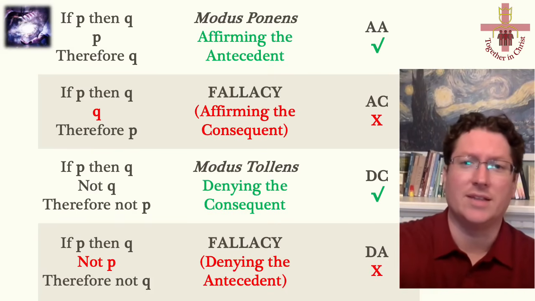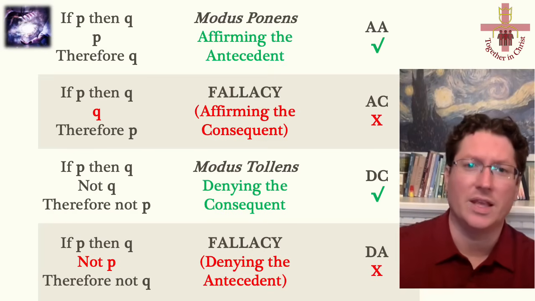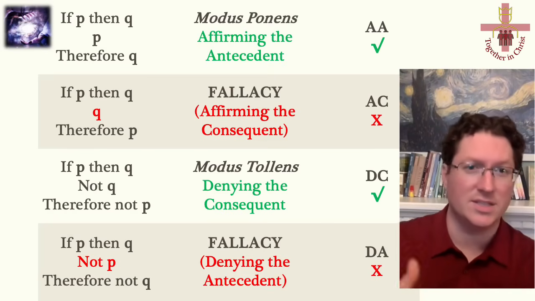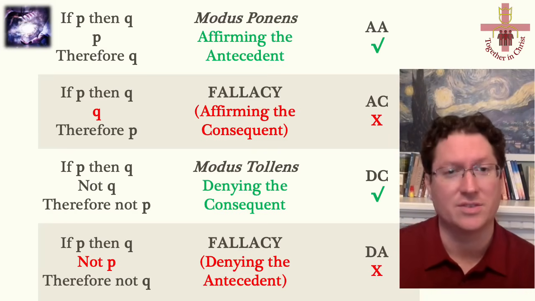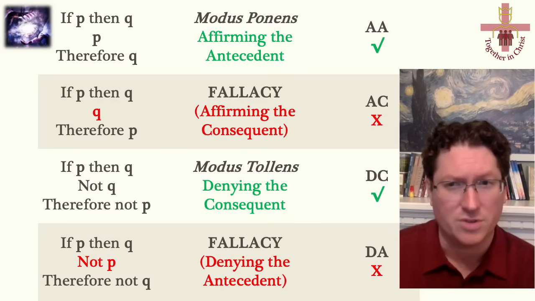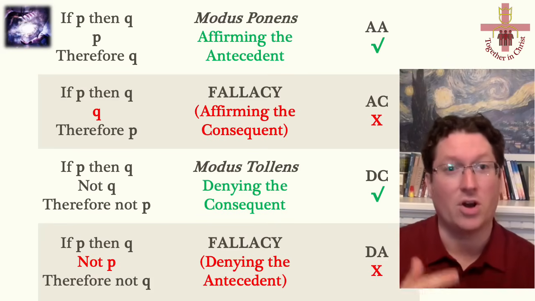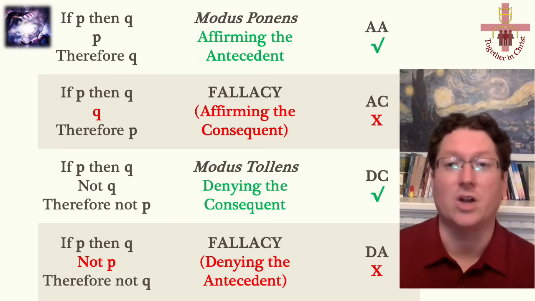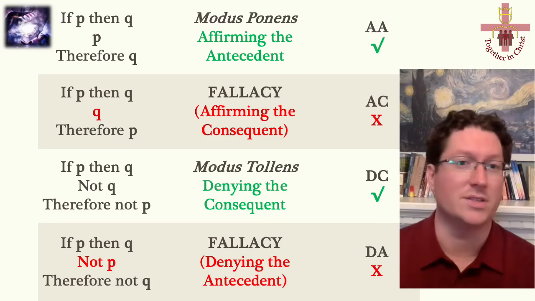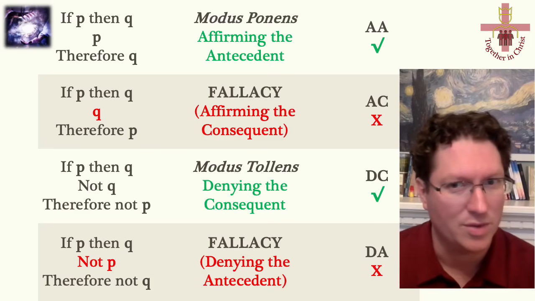So here it is, Lisle lays it out. If there was proof of God's existence, P, then there would not be any atheists, Q. So that's the first premise. Second premise, there are atheists, not Q, denying the consequent. Therefore, it is not the case that there is proof of God's existence, not P.